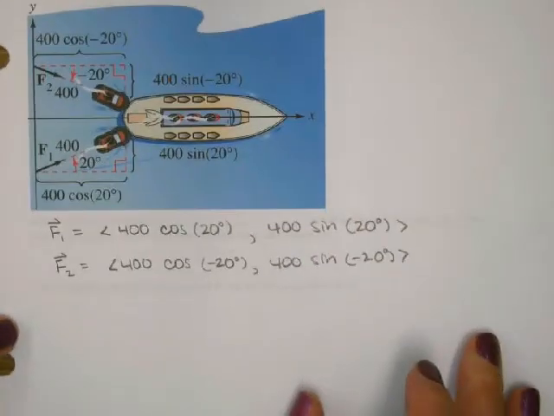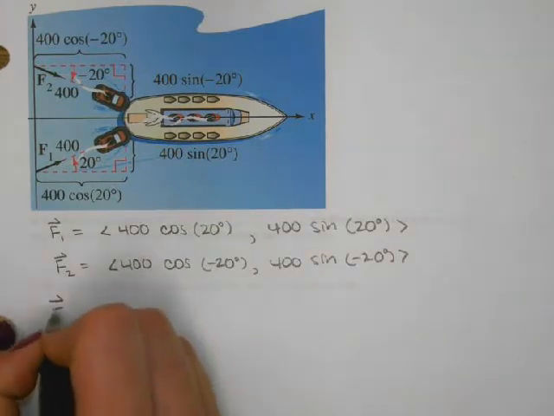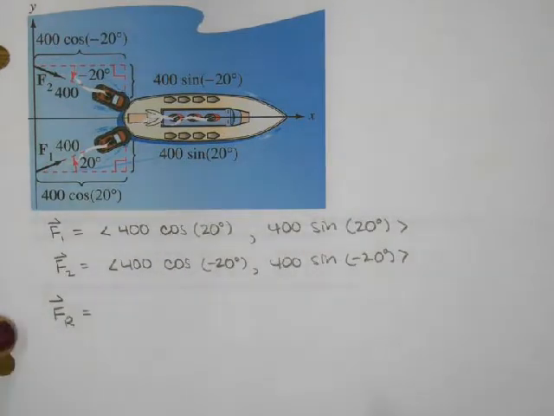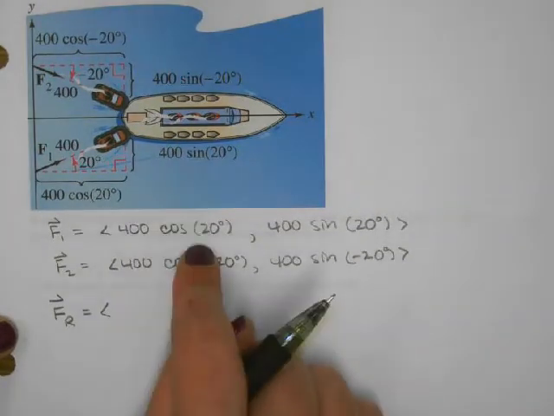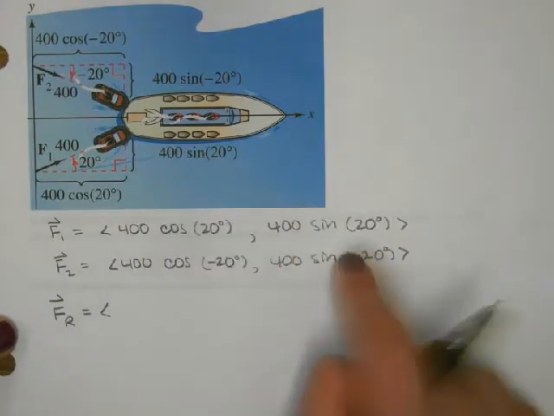And so the resultant force is going to be adding the like terms together. So adding the horizontal components together, adding the vertical components together.